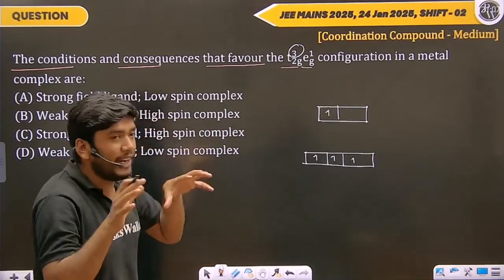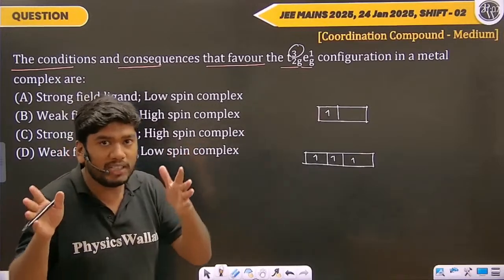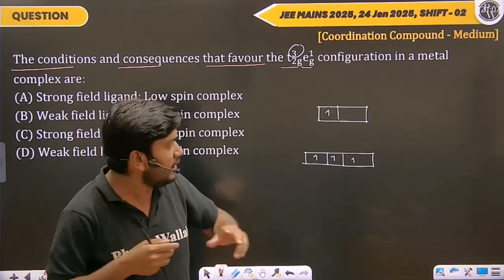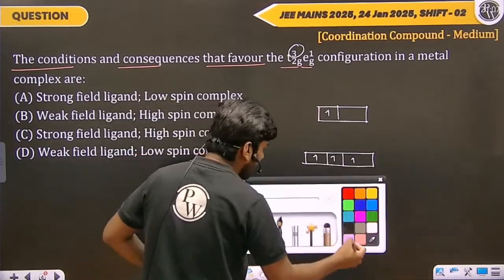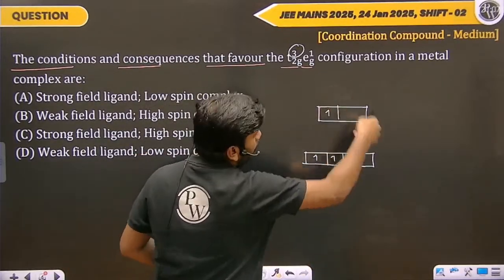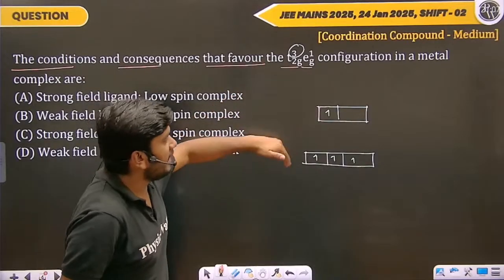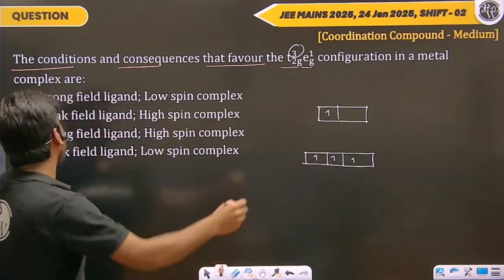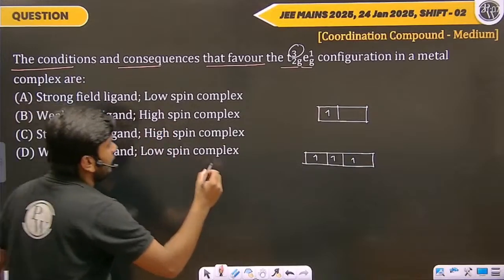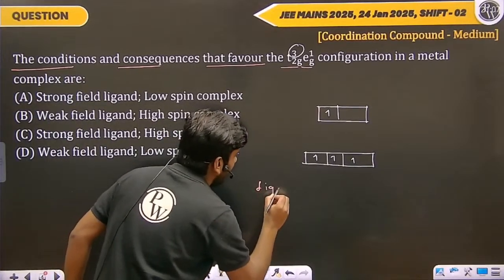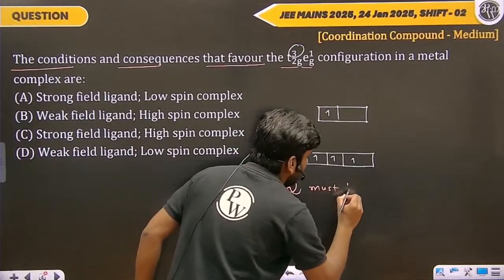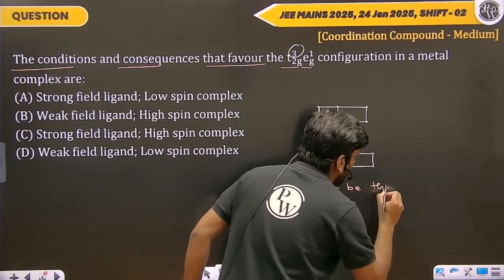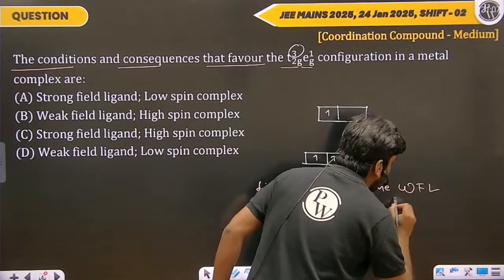If it is a weak field ligand, the pairing energy would be very low, so it will easily unpair, and one electron will go to the upper orbital, the higher energy orbital. Now we see the ligand must be the weak field ligand, WFL.